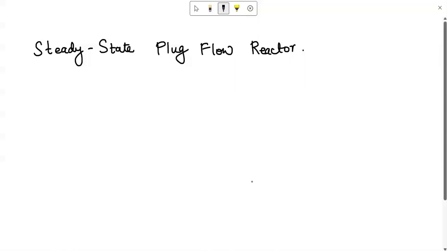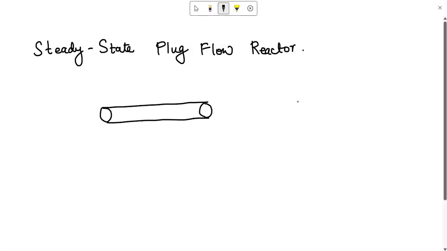In this video we are going to talk about the steady state plug flow reactor. First I will draw a schematic of a simple plug flow reactor. Generally in most texts of reaction engineering you will find the plug flow reactor represented as a tubular reactor like this.